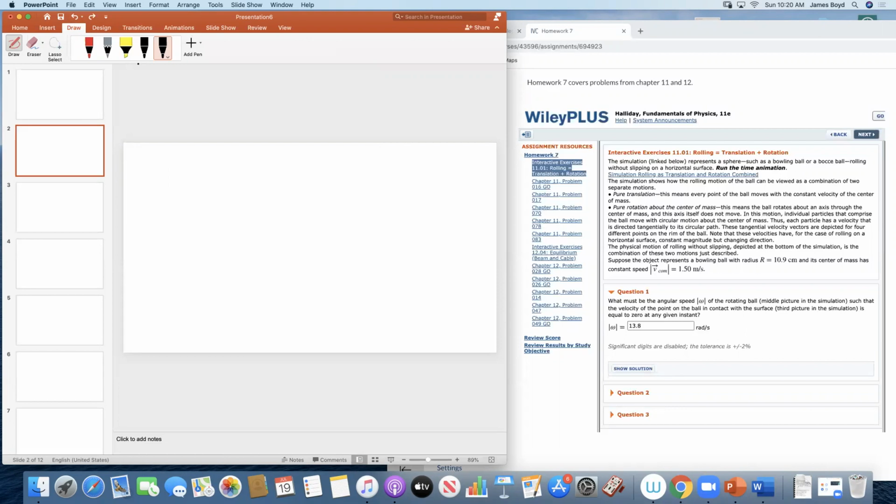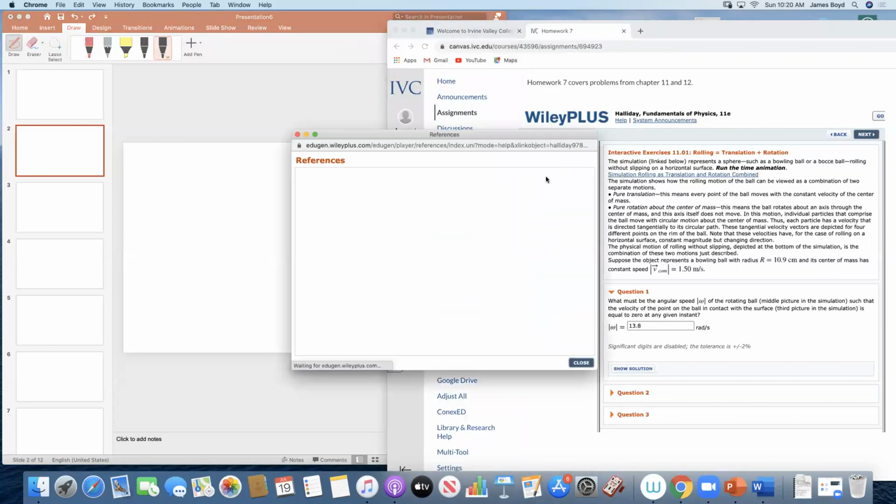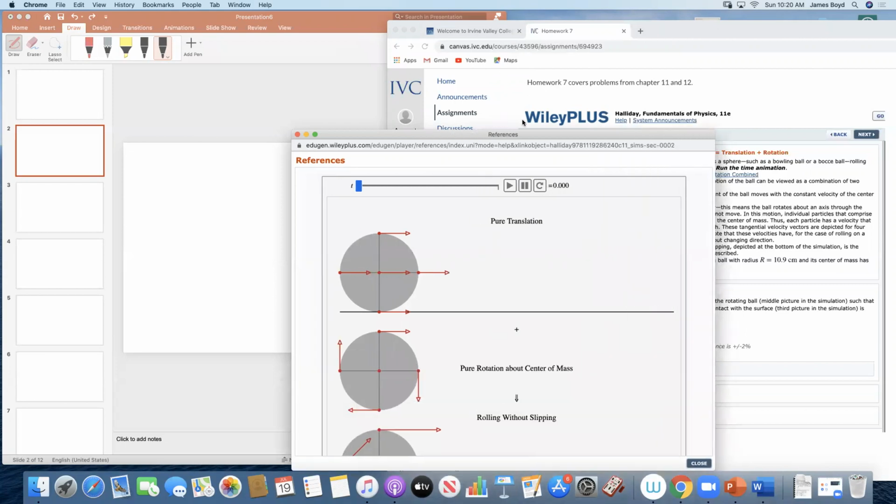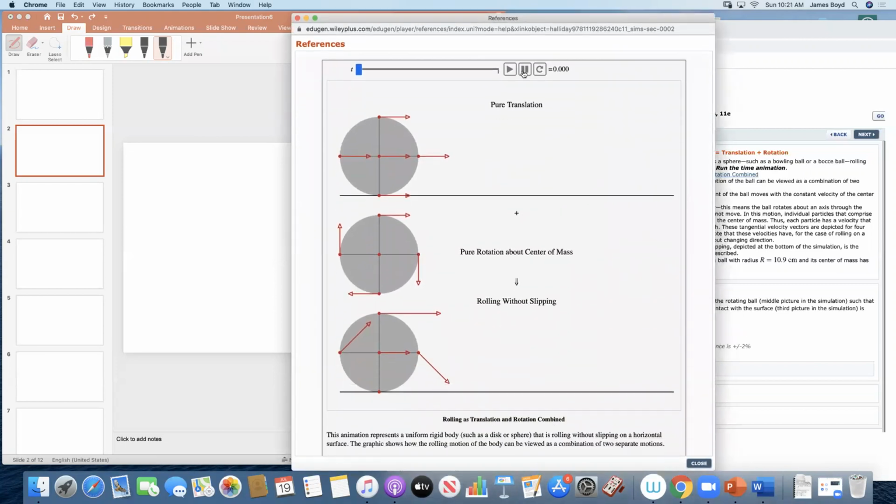So in interactive exercise 11.1, the main takeaway that I wanted you to get from this was, as it shows in the simulation, if I open this up, whenever we have a ball or a solid object like a wheel or a disc, whatever, rolling, that motion is a combination of translation and rotation.